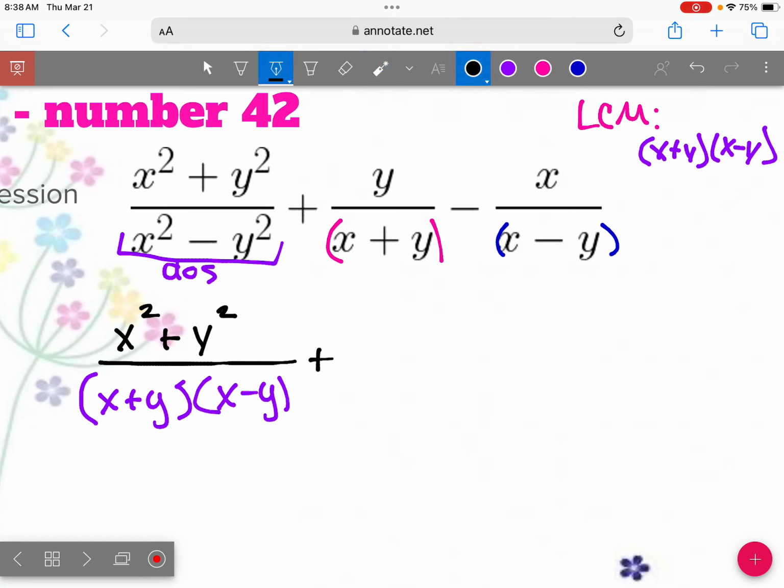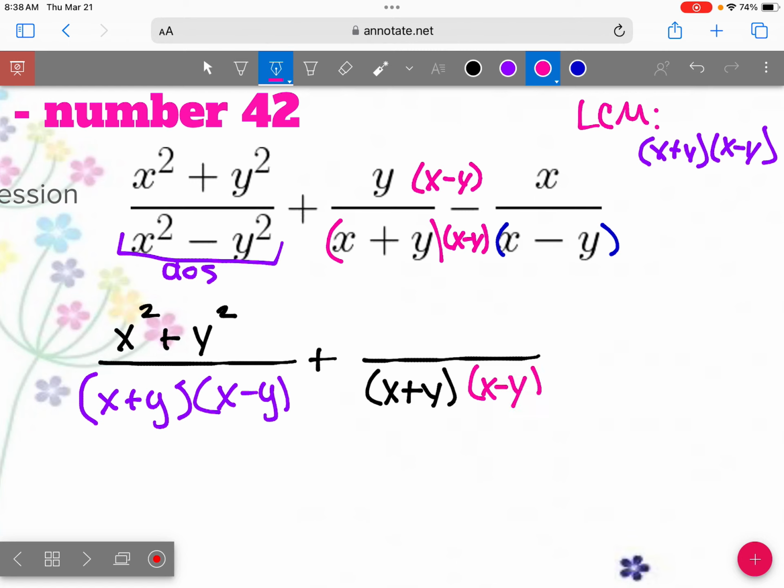So when we're coming in for our adding piece here to get it to this common denominator, it already has the x plus y. We do need to multiply it by our x minus y over x minus y. So we're going to have xy minus y squared when we do this multiplication.